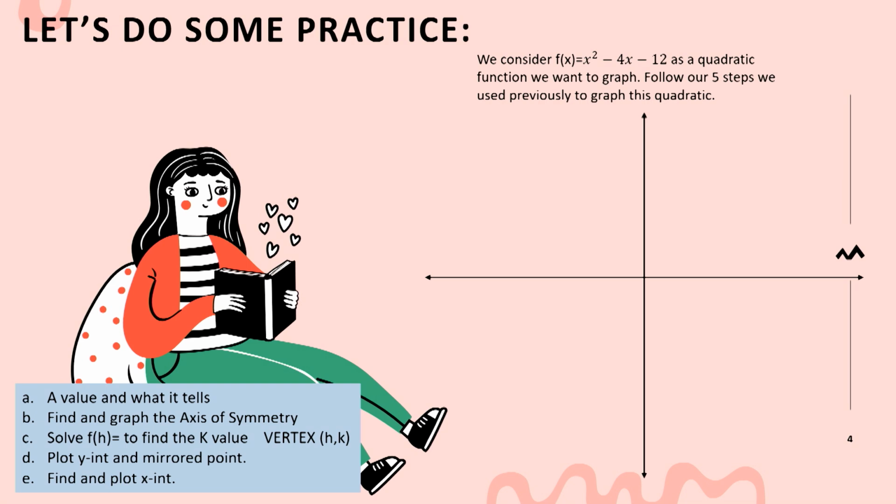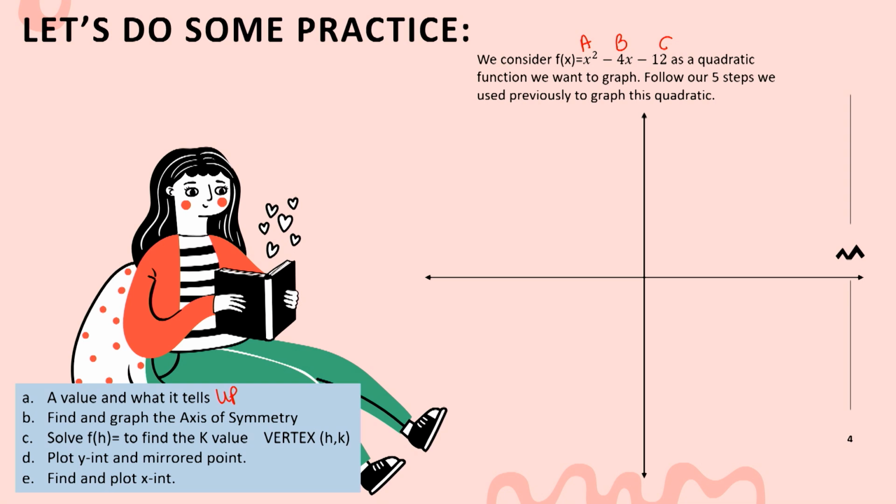We consider f of x equals x squared minus 4x minus 12 as a quadratic function we want to graph. Follow our 5 steps that we've previously used in graphing. So my a is 1, so I know it's going to open up. We need to find my axis of symmetry.